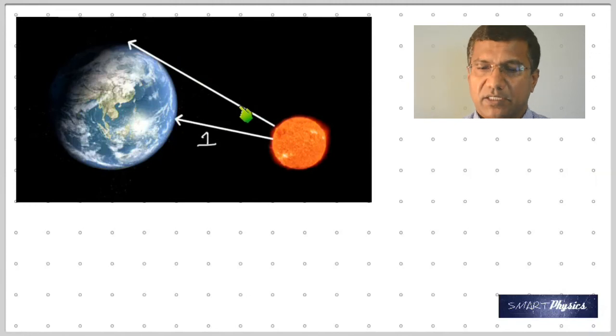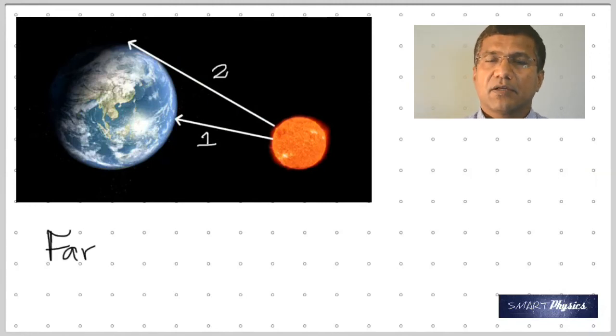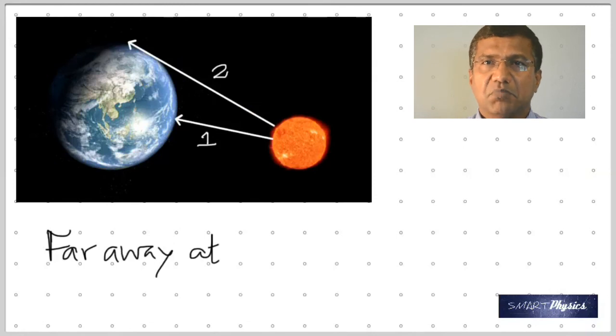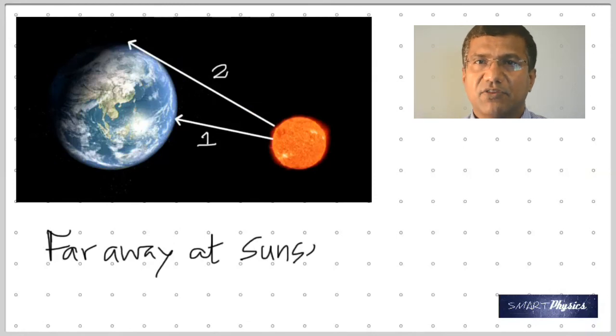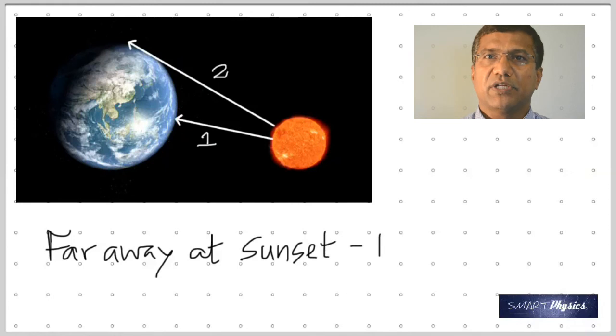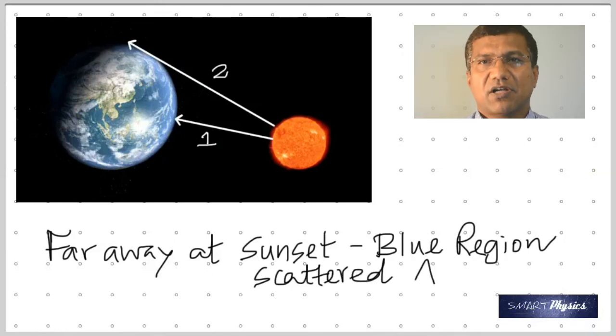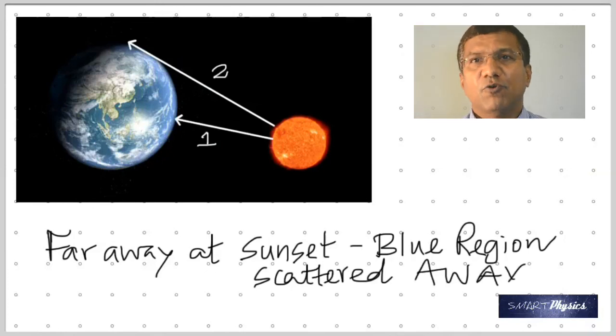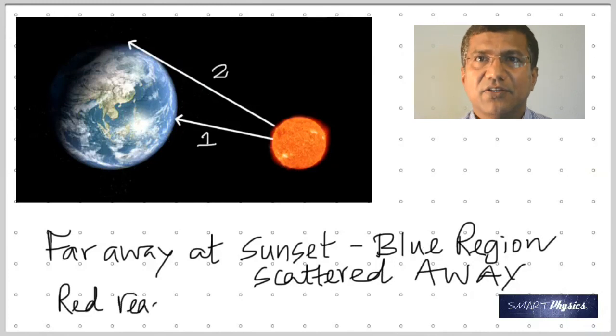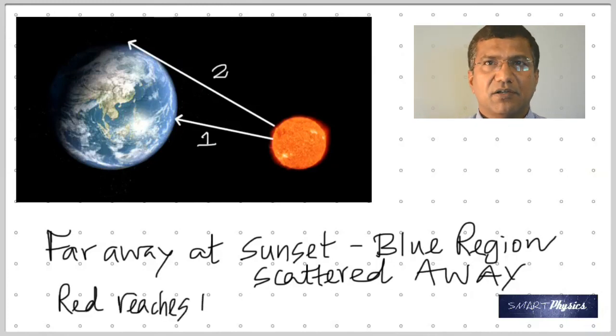And therefore, when sunlight travels that big distance, the blue region is scattered off, and there's nothing remaining out of the blue region to reach your eye. But the red, which is not scattered, is not lost, and it manages to reach our eyes. And therefore, at sunset, the sky appears red in color.